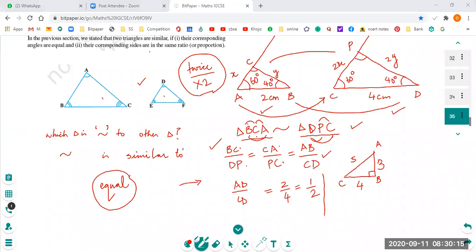You can see that 5 squared is equal to 3 squared plus 4 squared, 16 plus 9. See students, the square root of 16 plus 9 is equal to the square root of 5 squared, so here 5 is equal to 5.